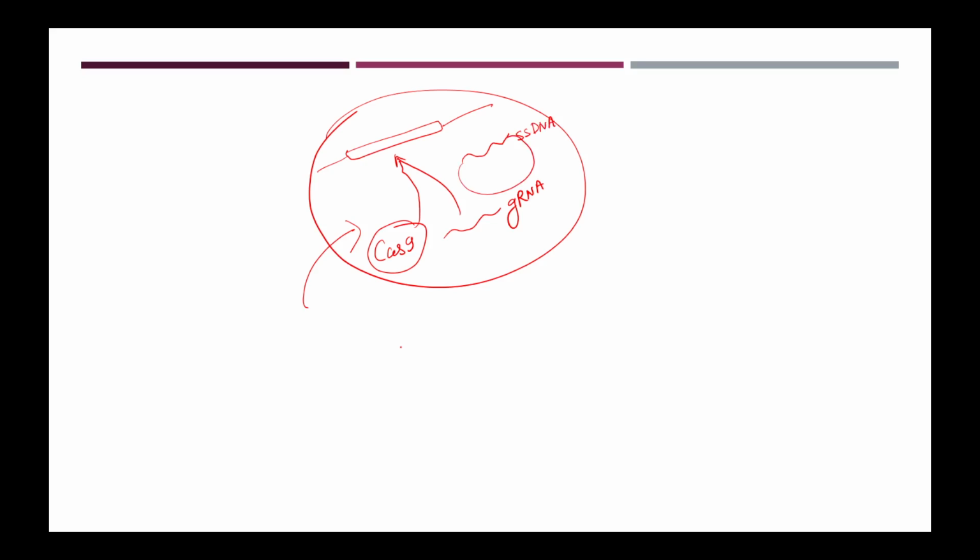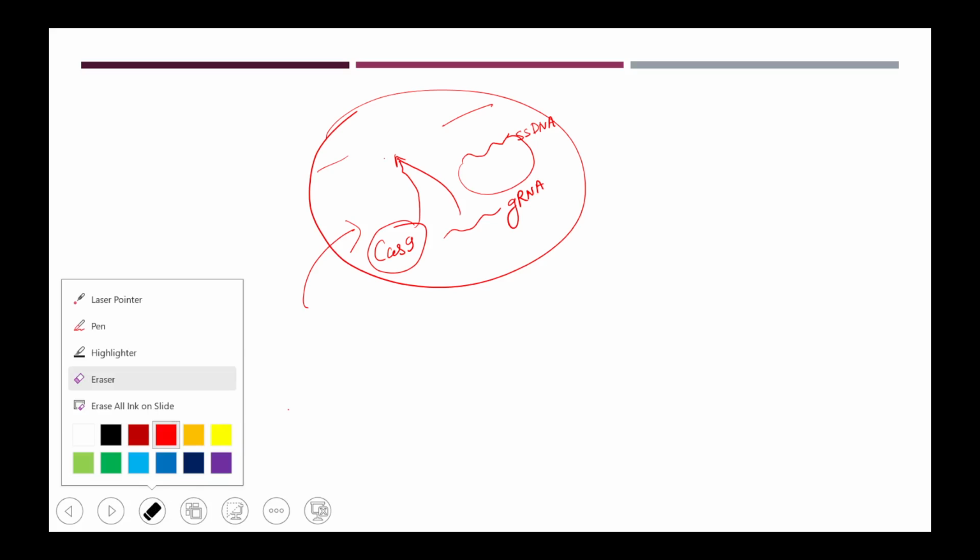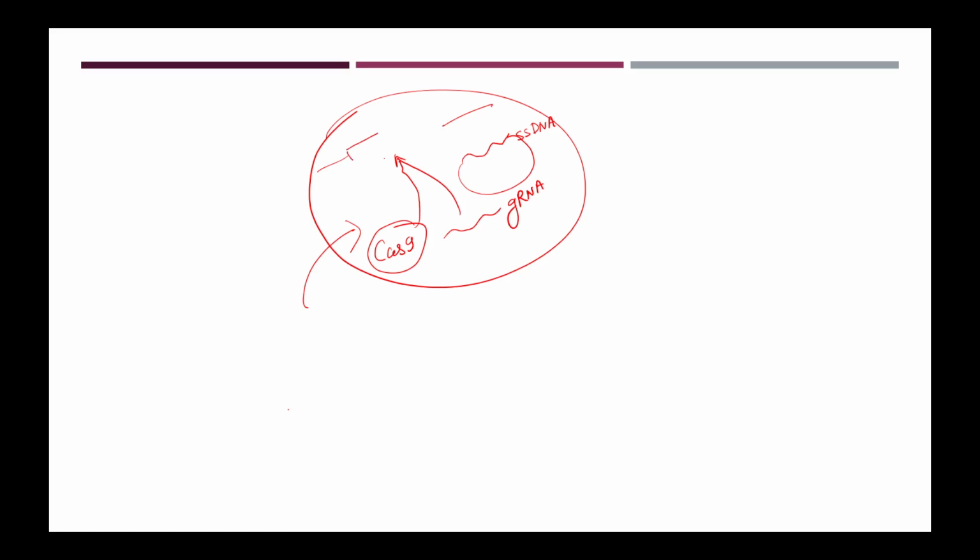So once with the help of Cas9 and guide RNA machinery the cut is made, now to repair, the cell will sense that there is a cut in the genomic locus, then the repair machinery will be active, and to repair it, this particular single stranded DNA or the donor DNA will come into the picture.